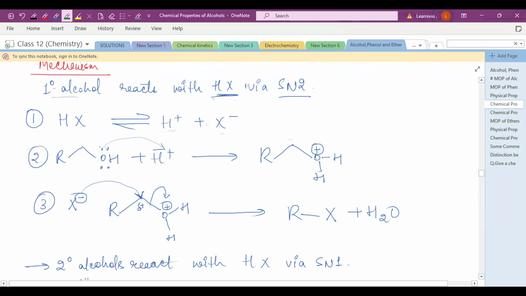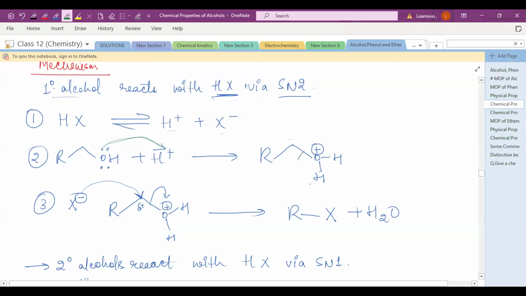H was there and another H plus came and joined the oxygen, so it will have a positive charge, because oxygen can make two bonds, but here three bonds are there, so positive charge over here. Now this is very unstable. So what happens from here? The water will be liberated out. This OH2 is nothing but water.